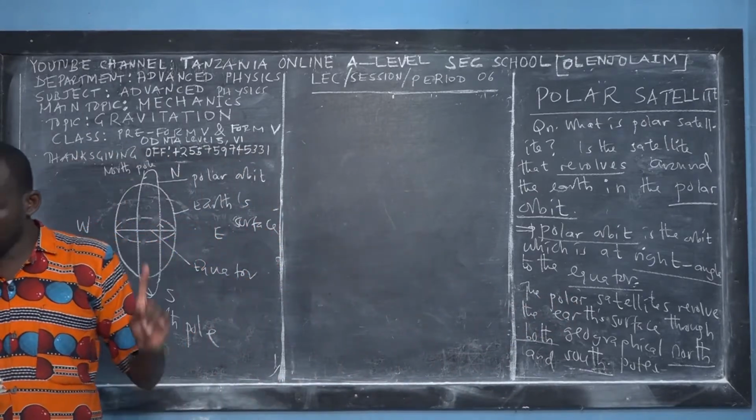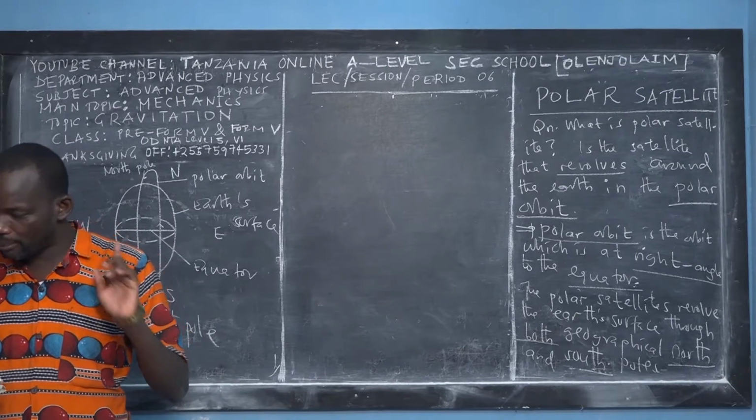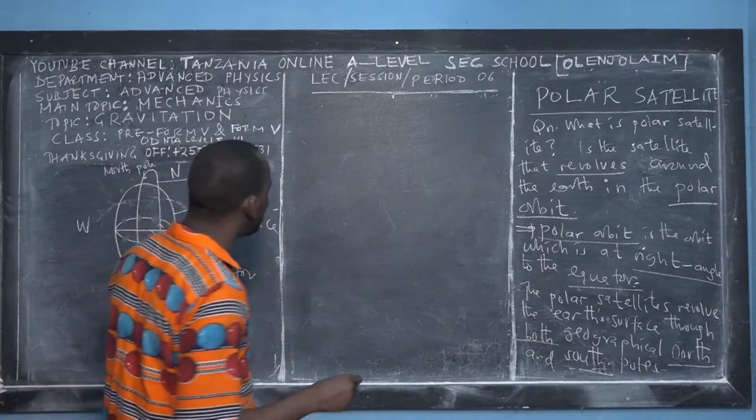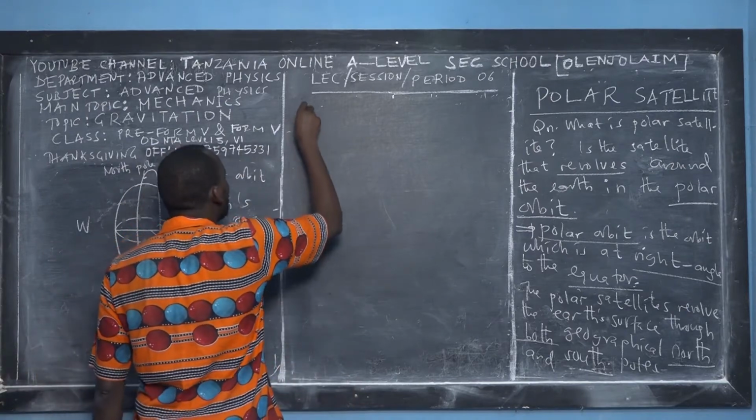So the basic applications: the polar satellites are used to record land and sea temperature.